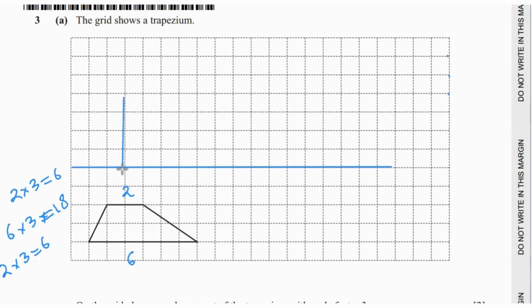So 1, 2, 3, 4, 5, 6. 6 again, 1, 2, 3, 4, 5, 6. So this is this, and this is our complete shape.